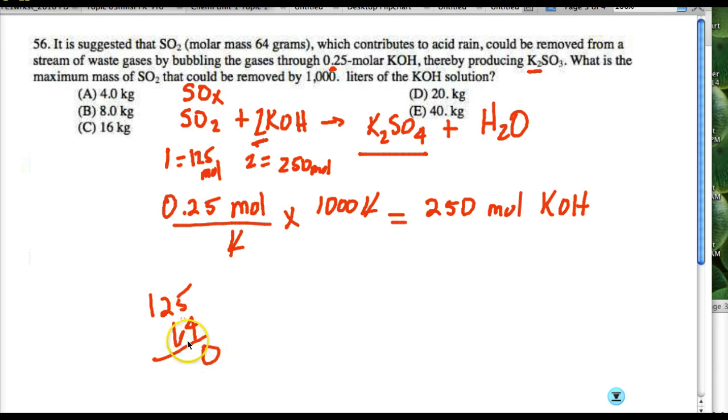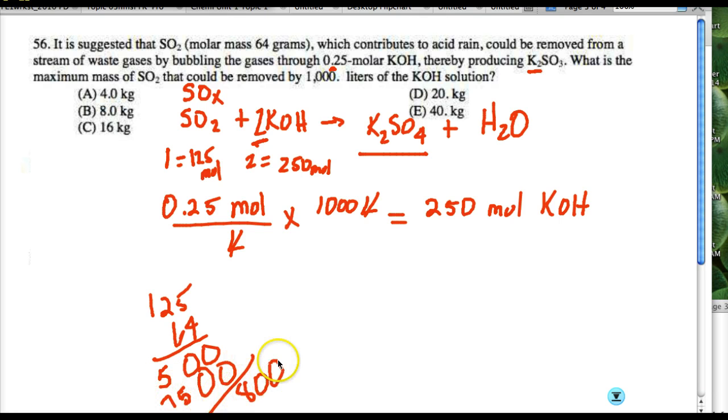Let me start over. 0 and 3, so that's 30, carry 3, and you get a 5 for 15, and then a 7.